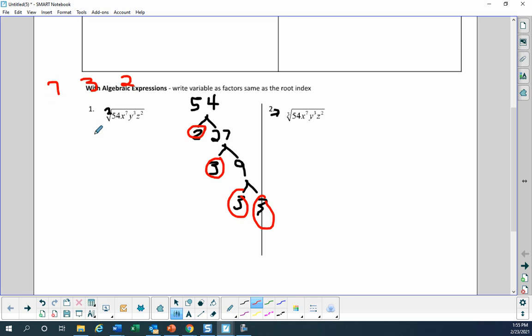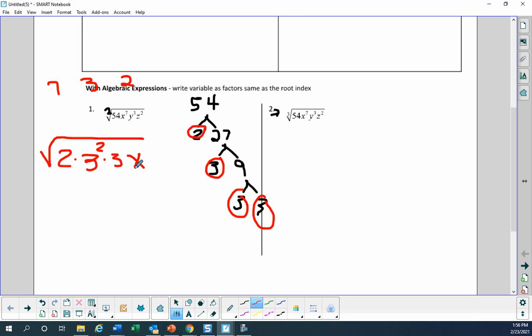It would be 6, right? So let me start with putting the square root, and I'm going to put my prime factors, which is 2 times 3 squared times 3, right? I have 3 3's, but I can combine this because that can come out.